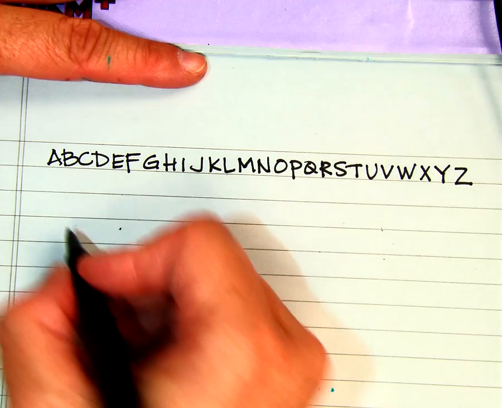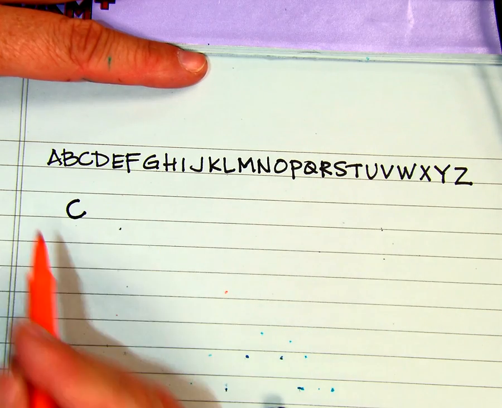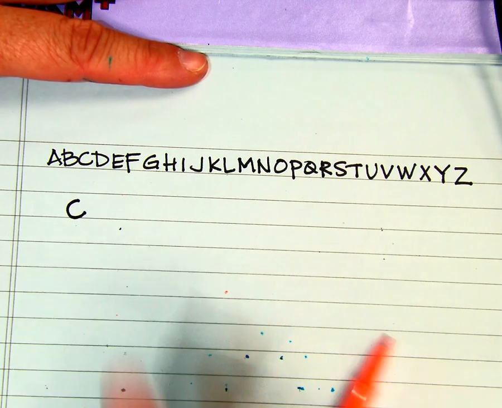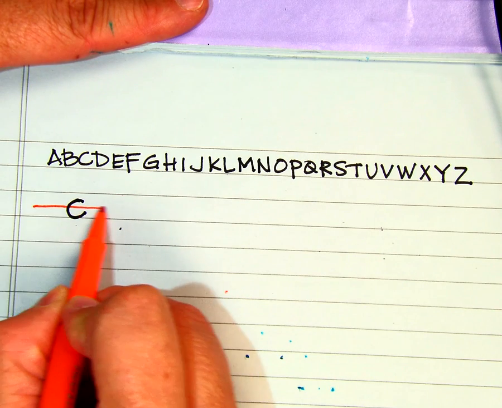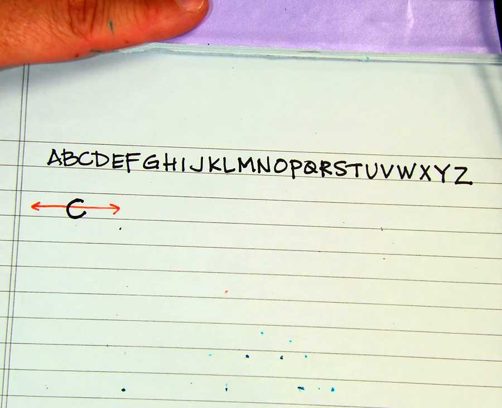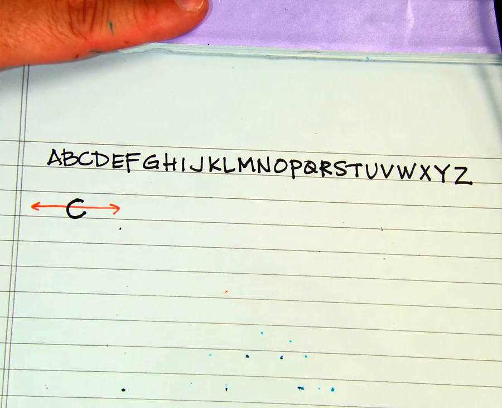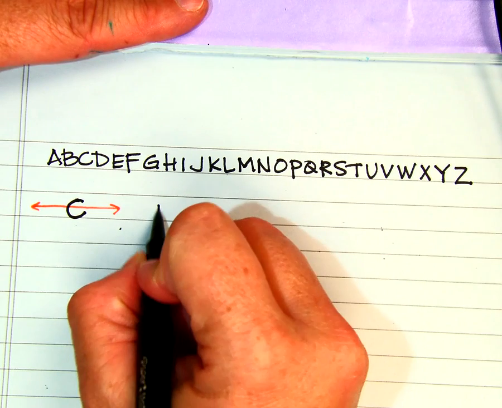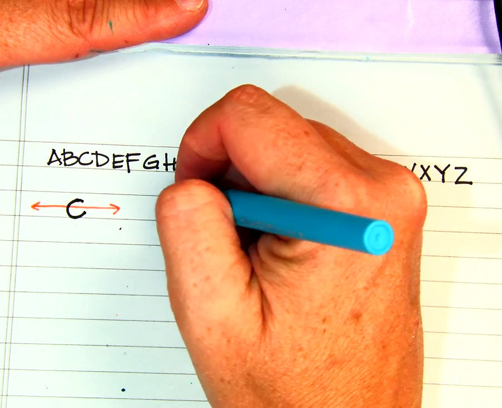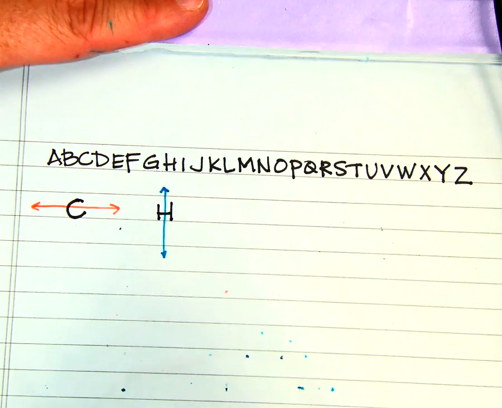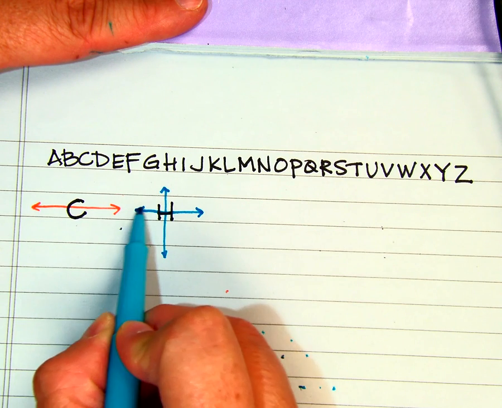An example would be C. Actually I'm going to tweak it just a little bit. I can draw a horizontal line of symmetry, and this point would be here, and it would be symmetric. H has a vertical line of symmetry and a horizontal line of symmetry.